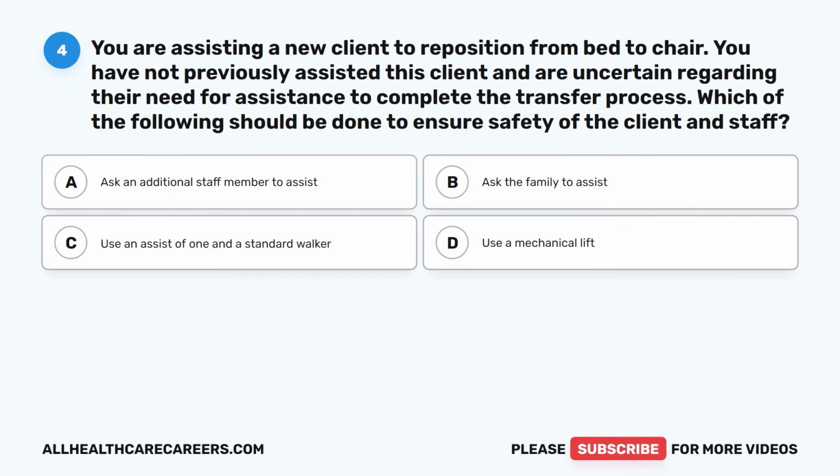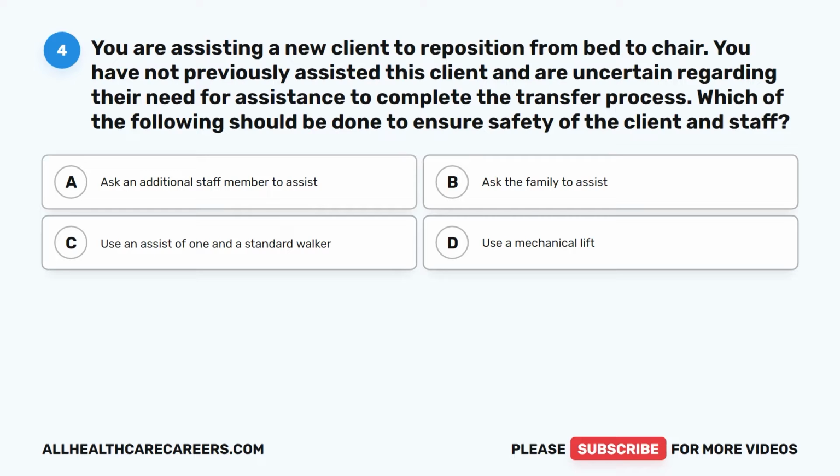Question 4. You are assisting a new client to reposition from bed to chair. You have not previously assisted this client and are uncertain regarding their need for assistance to complete the transfer process. Which of the following should be done to ensure safety of the client and staff? A. Ask an additional staff member to assist. B. Ask the family to assist.